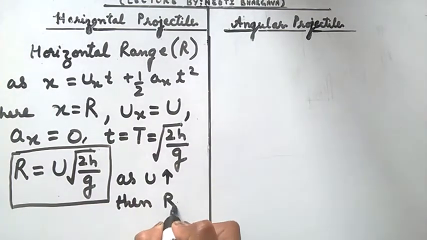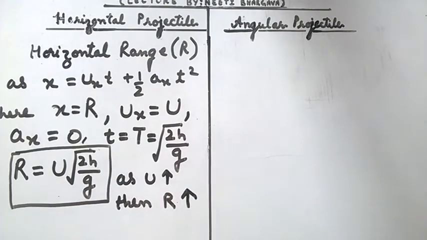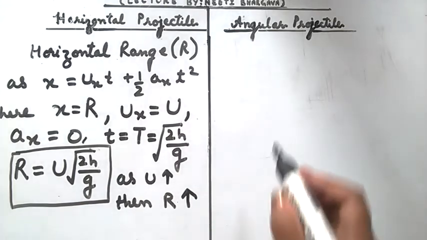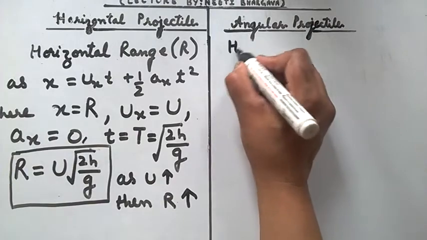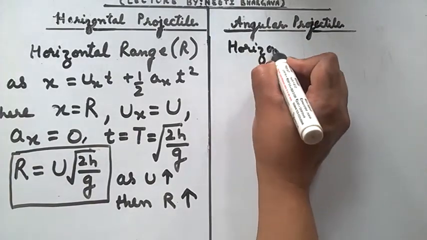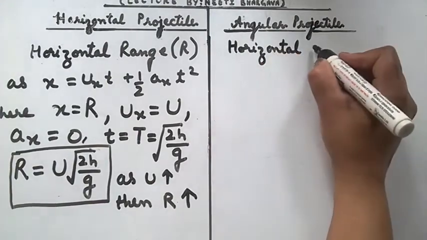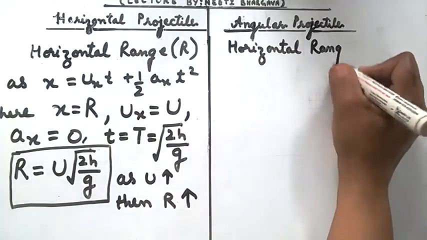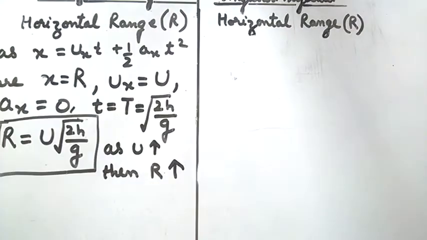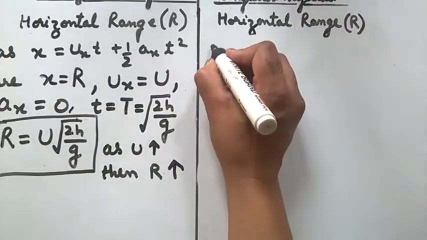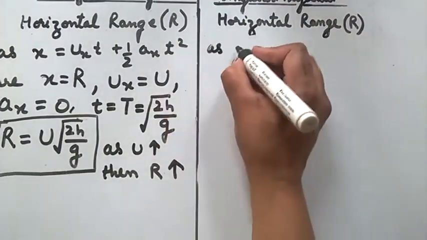Similarly, for angular projectile, horizontal range is given by capital R. Here, horizontal displacement equation is also x is equivalent to uxt plus half axt square.